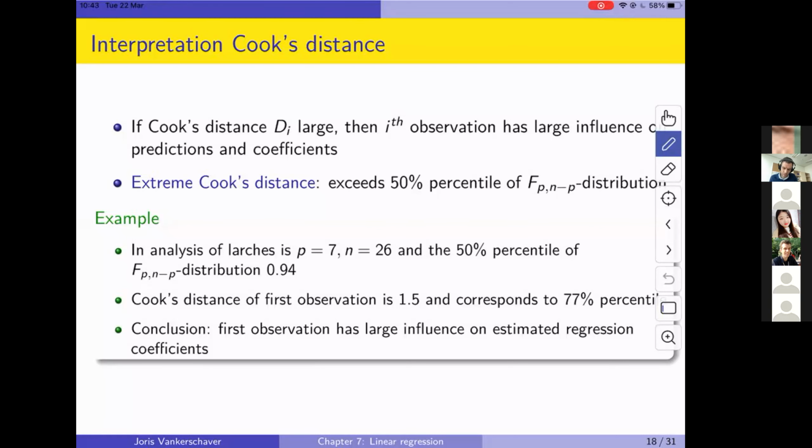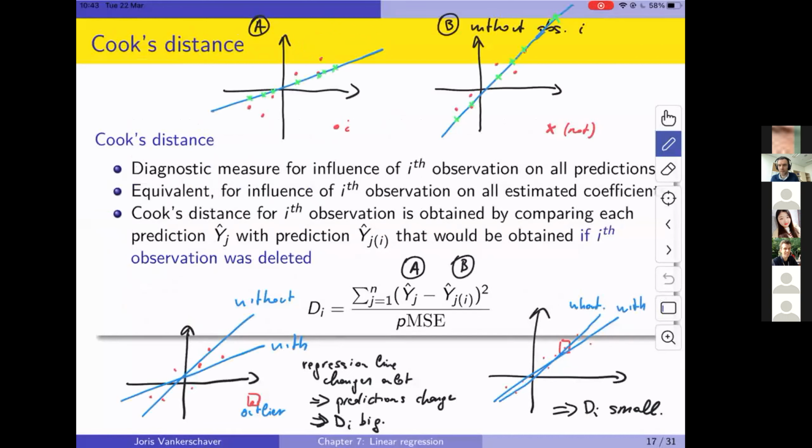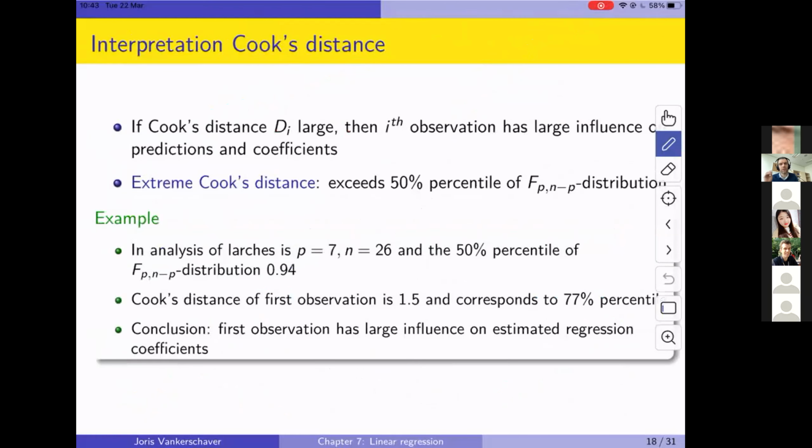Maybe it's a bit technical, but if we look here at the definition again, it's basically a fraction, and we have a sum of squares in the numerator, and the mean squared error in the denominator is also a sum of squares. That may ring a bell.